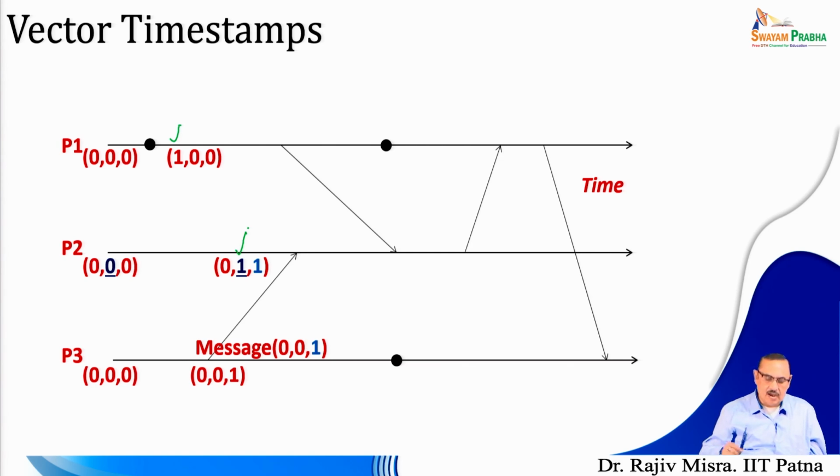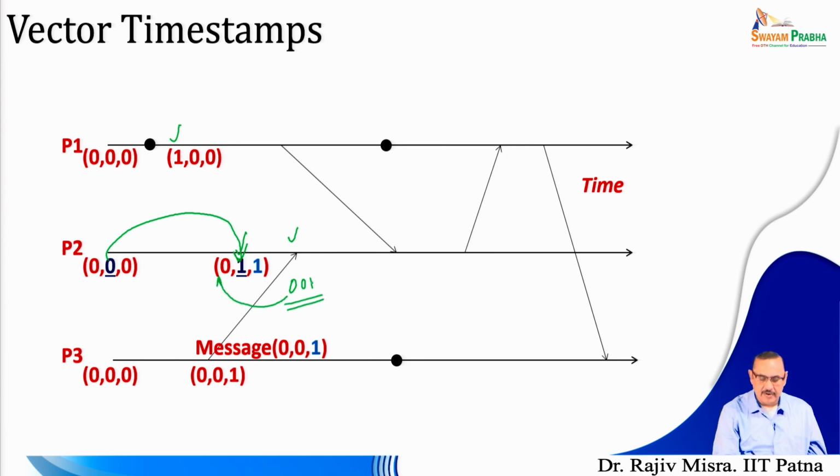So, let us understand how a receive event is updated. For example, when a message with 0 0 1 is received, first of all it will increment its own local time, and then it will update.